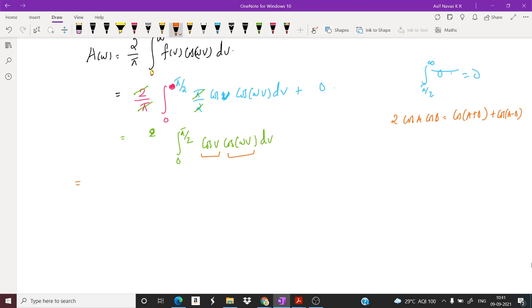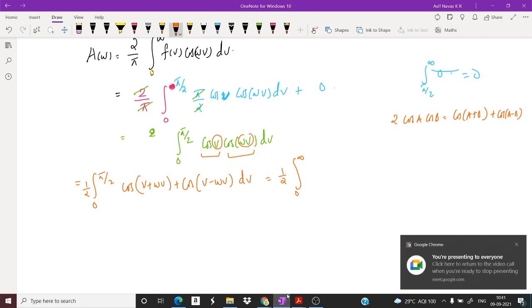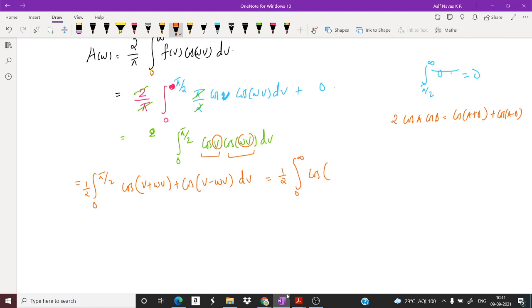So now we can simplify this integration 0 to pi by 2. Here instead of A, v, instead of B, omega v, so you can write it as 1 by 2 times cos of 1 plus omega v plus cos of 1 minus omega v dv.